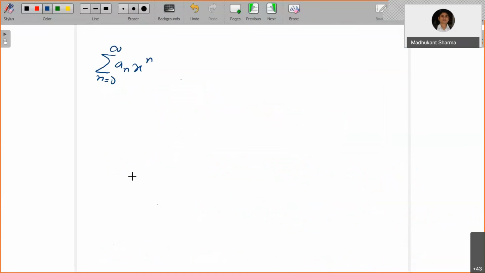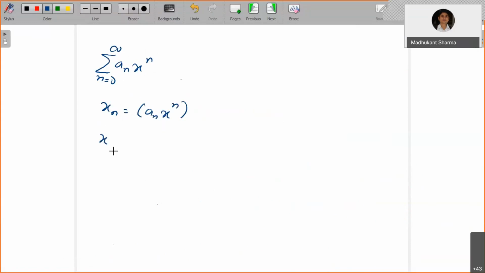This is a sequence generated by this; the corresponding sequence is a_n times x to the power n. If you look at the nth term, call it x_n.